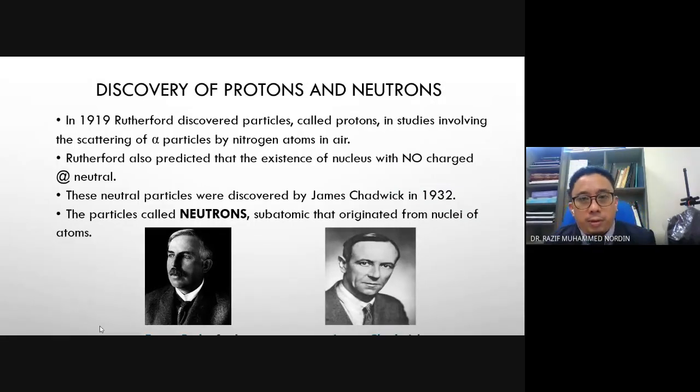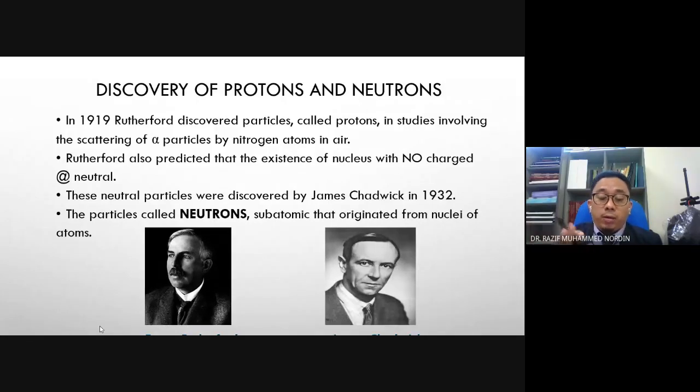So the proton and neutron, discovery of it, 1990, Rutherford discovered the particle that he called it as a proton. He studied in the study involving the scattering of alpha particle by the nitrogen atom in air. The Rutherford also predict the existence of nucleus with no charge or neutral.